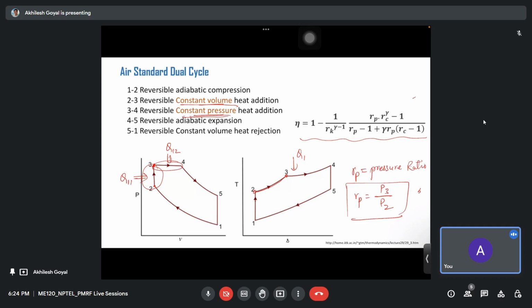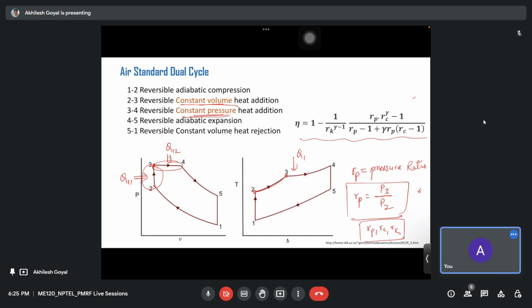So the efficiency of the dual cycle depends on pressure ratio, cutoff ratio, and compression ratio: all these three terms, rp, rc, and rk. And the efficiency of the dual cycle stands between the efficiency of the Otto cycle and the efficiency of the diesel cycle. So these are the basics of all these three cycles.